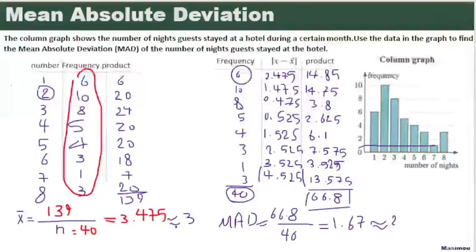And the mean absolute deviation shows me people will stay 2 nights more or less than this mean. That means the spread of the data is 2 more or less than this mean.